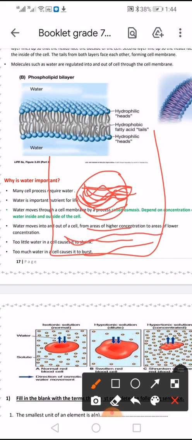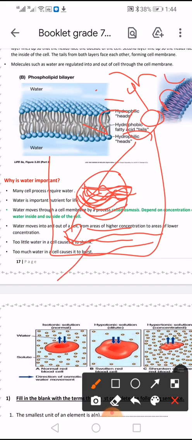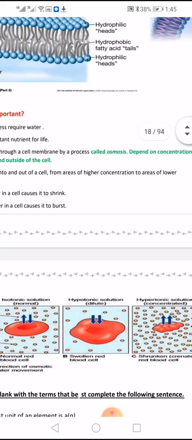So what happens? Water moves from inside the cell to outside the cell, from high concentration inside the cell to low concentration outside. So the cell will shrink like this, as water moved out of the cell.